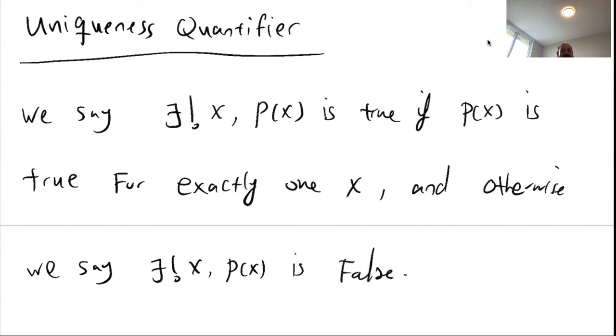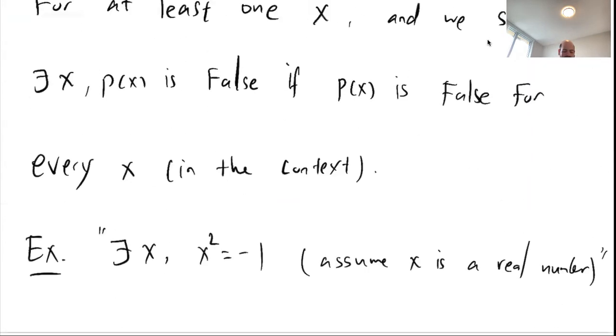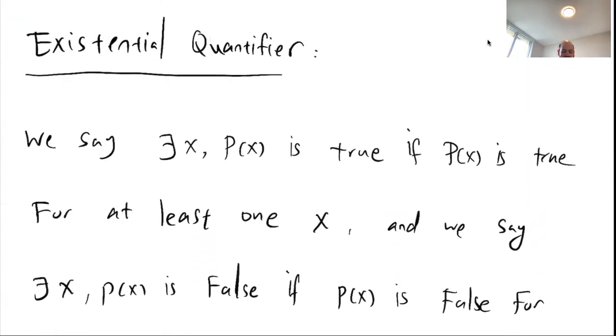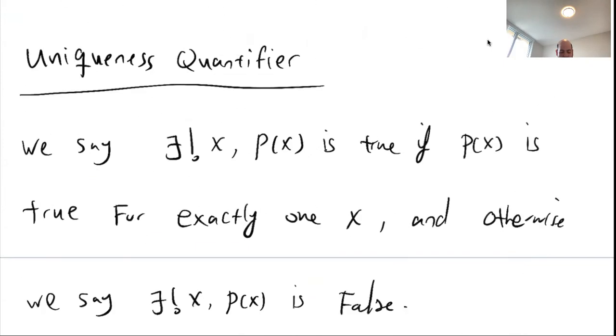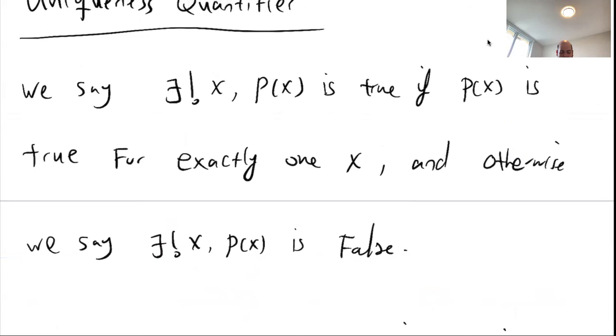So if p of x is true for exactly one x, please compare this with the previous case, where we said it's true if p of x is true for at least one x. For the case of there exists x with p of x, we need p of x to be true for at least one x. But in the case of there exists unique x with p of x, we need p of x to be true for exactly one x.